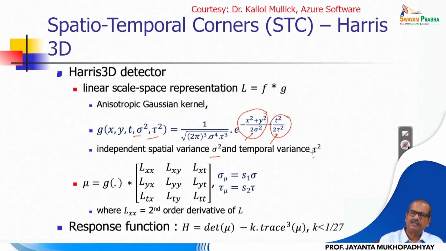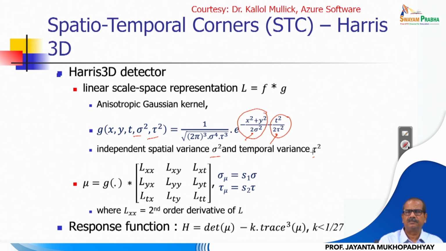Then we perform second derivative operations, that means we compute Hessians on that three-dimensional volume, while also smoothing with a Gaussian filter.